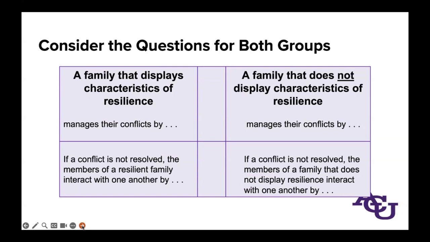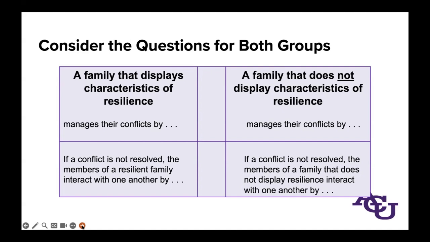After you consult with your sources, you may want to set up a table like this one, which closely resembles our Venn diagram from earlier, except we've only got the contrast sides. You can list some key differences for each question. Here we've actually rewritten the questions as sentence stems that give you another way to think about it. So on the left, a family that displays characteristics of resilience manages their conflicts by do, do, do.